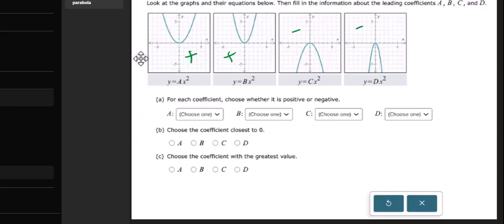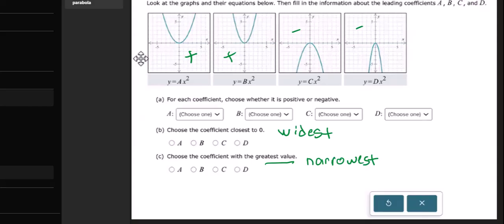Choose the coefficient closest to 0. Closest to 0 is the widest. Greatest value is the narrowest. It says greatest value, and so I guess we need to take into account whether it's positive or negative.